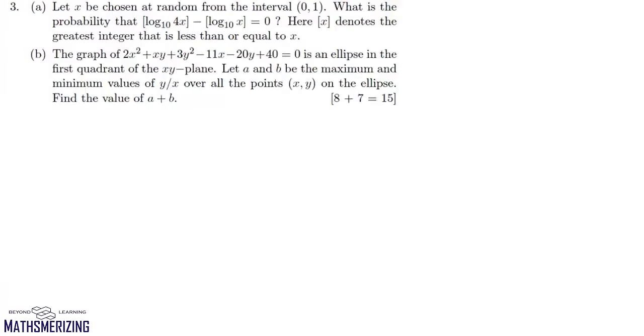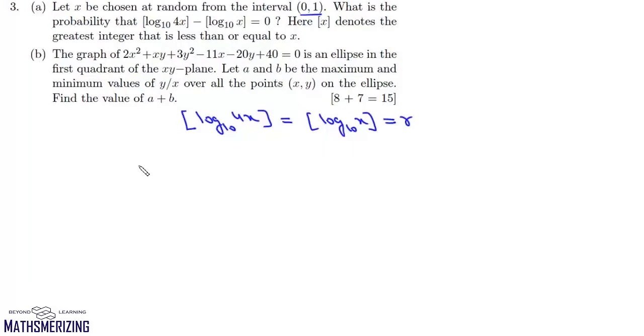Now question number 3, part A is: let x be chosen at random from the interval 0 to 1. What is the probability that the greatest integer function of log 4x to the base 10 equals the greatest integer function of log x base 10? Now they are equal, and suppose they are equal to some number, say r. When the greatest integer function of x is equal to r, then x lies between r and r plus 1.